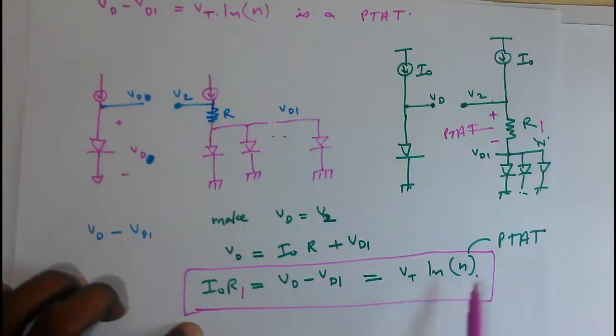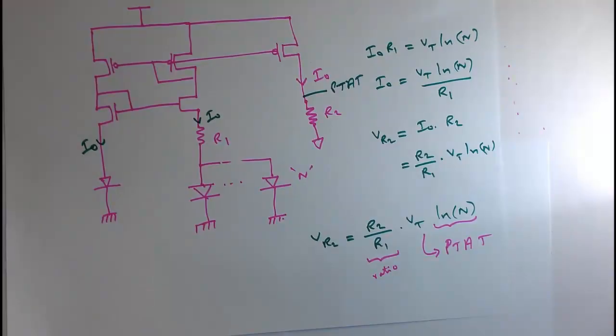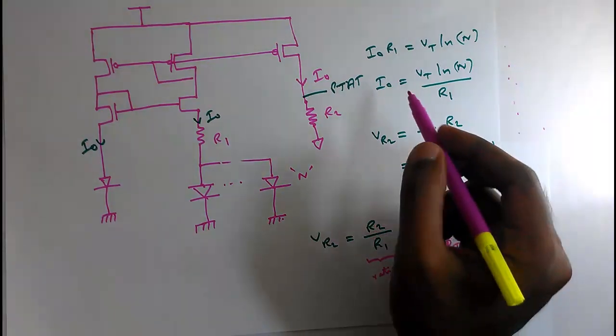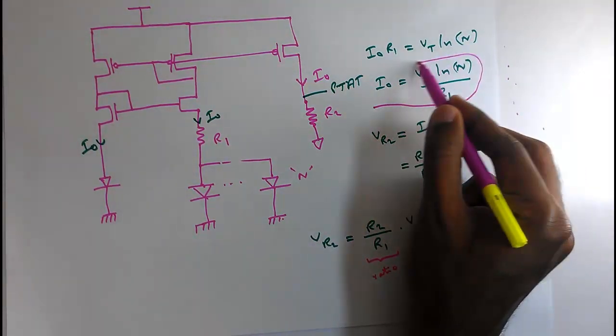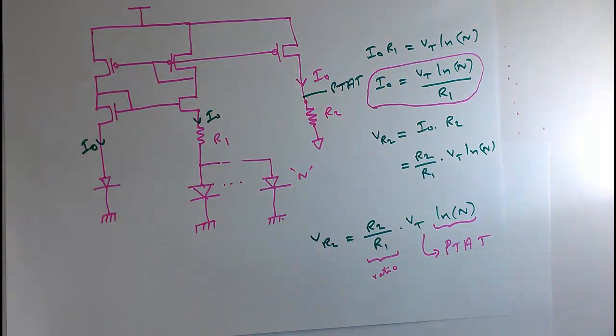So clearly it is a PTAT, because ln n is a constant but Vt is PTAT. So I0 R1 is a PTAT. Then we derived the expression for our current I0, that I0 equal to Vt into ln n divided by R1.